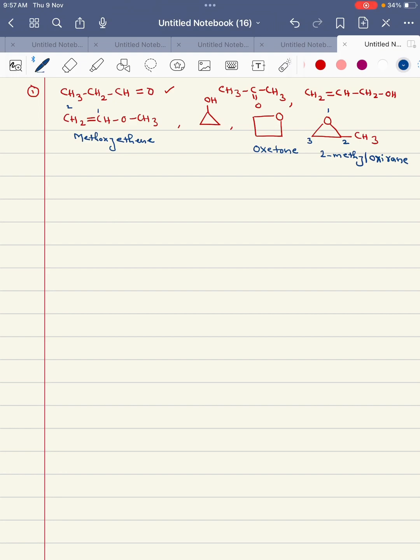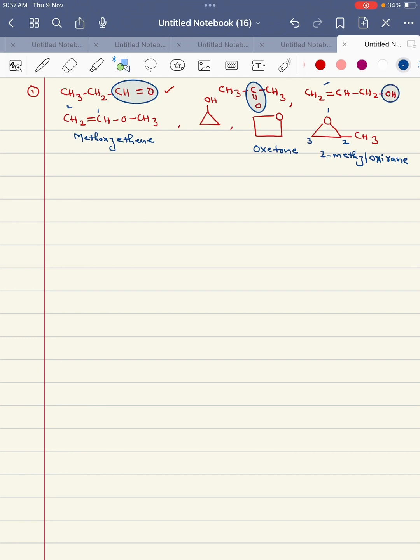So the molecular formula C3H6O has the following isomers. The first one is the aldehyde, students. Then this group is a ketone, then unsaturated alcohol, with one double bond and one OH group.